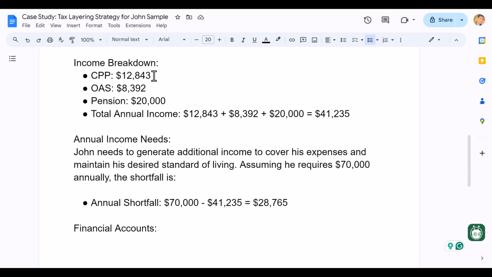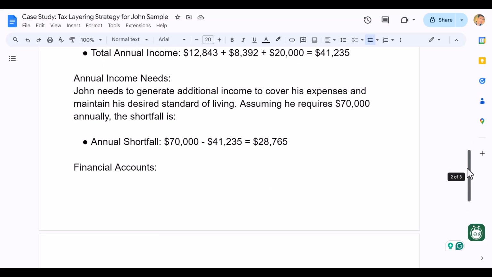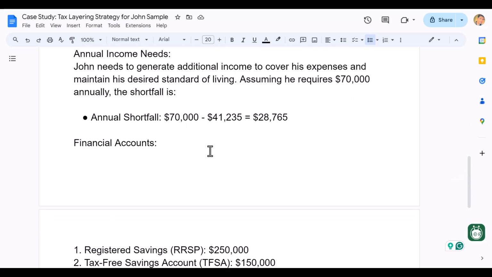His income breaks down as follows: Canada Pension Plan, $12,843; Old Age Security, $83.92; Toronto Pension, $20,000, for a total of $41,235. His annual income needs, $70,000, is what he's decided he needs to maintain his lifestyle.